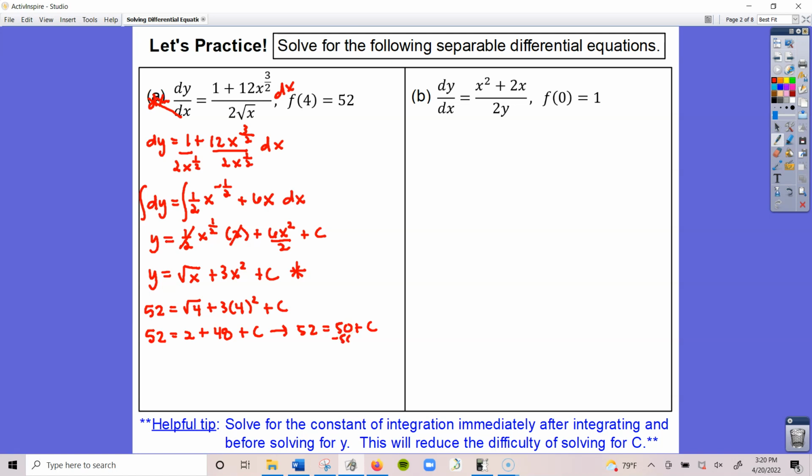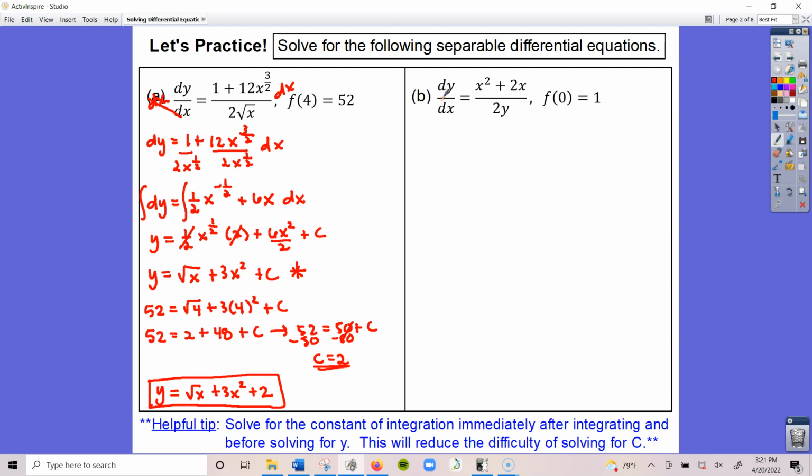Subtract the 50 over, and we get that c is equal to 2. Once I have c, I can take the equation that I starred and plug it in. So y is equal to the square root of x plus 3x squared plus 2. This would be my equation, my final answer, my particular solution.